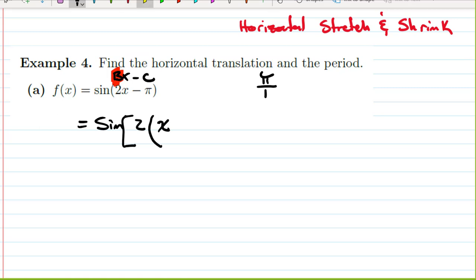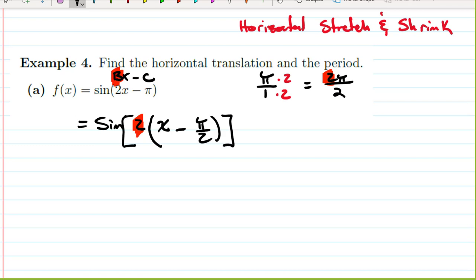And then if I wanted to, I can build that fraction by multiplying the top and the bottom by the same thing. So it's worth noting, pi is the same as 2 pi over 2. And if this is the same as 2 pi over 2, if I factor this 2 out, then what's going to be left behind is the pi over 2.